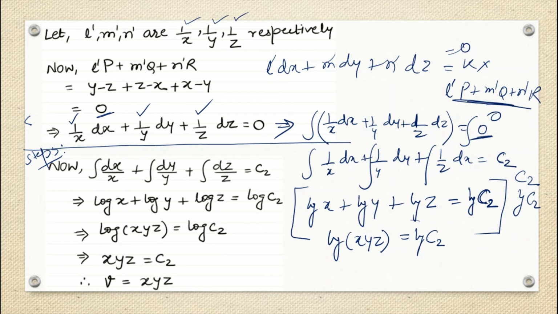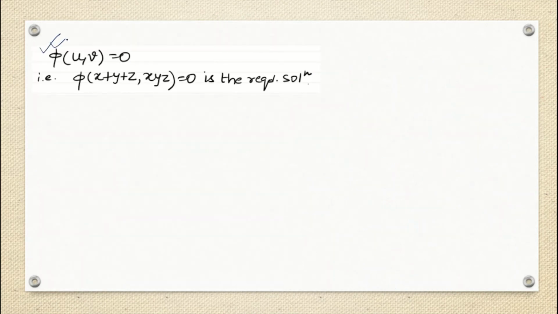And then log C2, that means C2 is xyz. Because if I take antilog on both sides, I get that C2 is xyz. And C2 I'm going to replace with the other independent solution, that is v. So v is xyz. Finally, the solution of this Lagrange's PDE is phi of u, v equals 0.